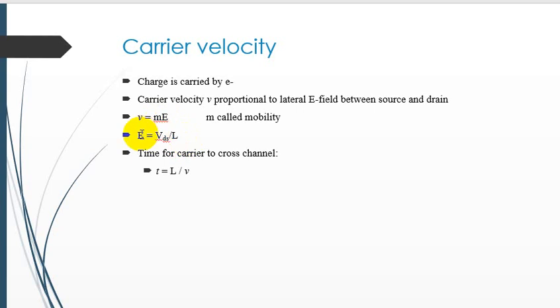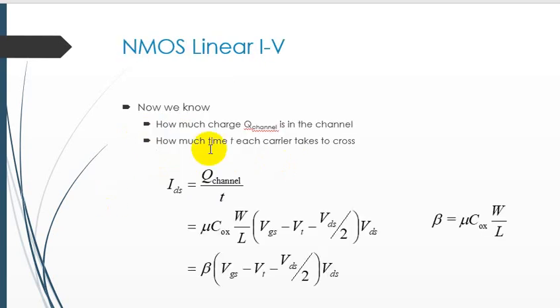Here is the formula of E, and the time for a carrier to cross the channel is T equal to L by V. By substituting this value, we can find the IV of the linear region of NMOS, and here is the final equation of the linear mode of operation of NMOS. The derivation is also very simple, by substituting the values with each other.